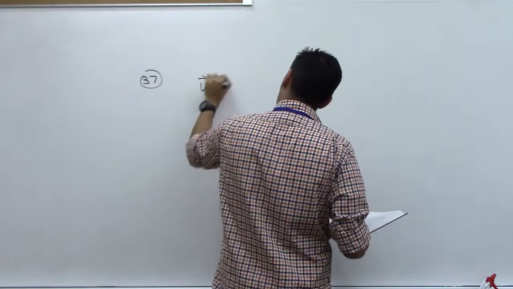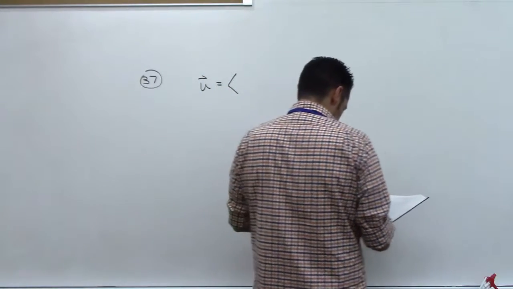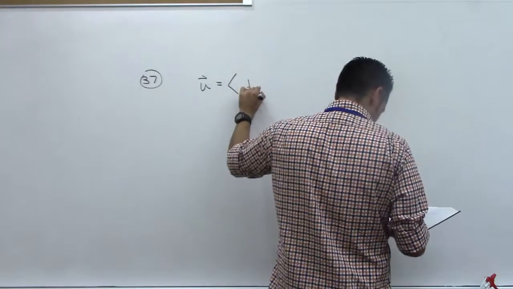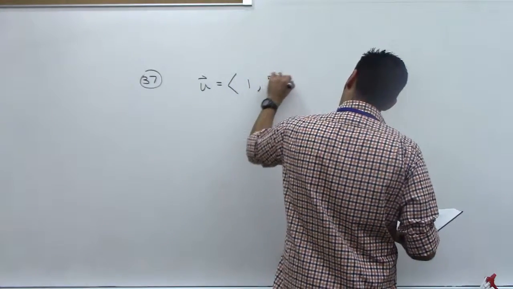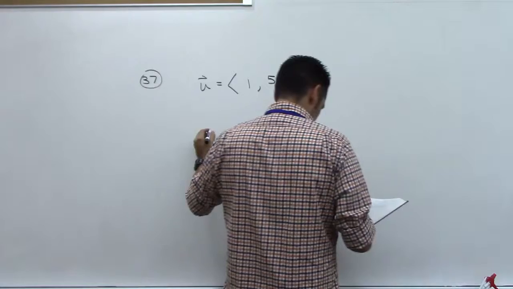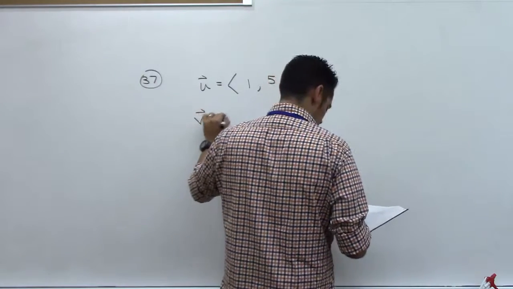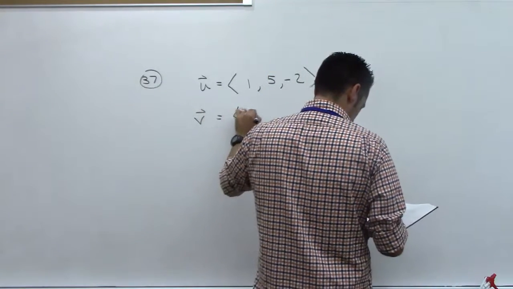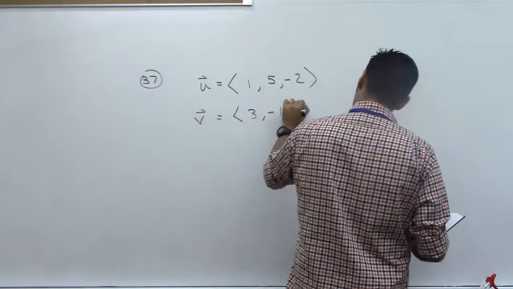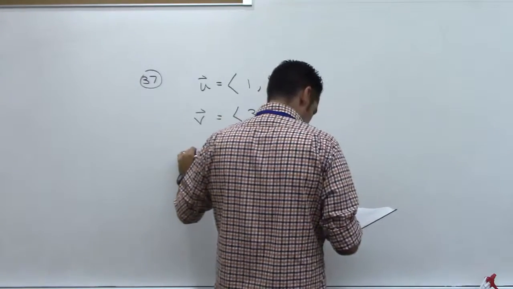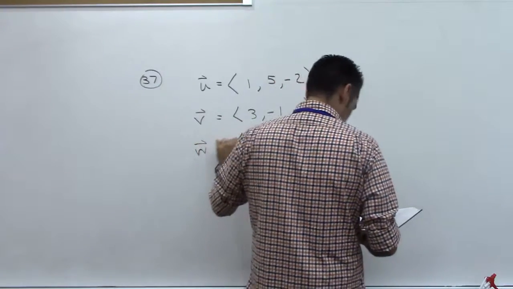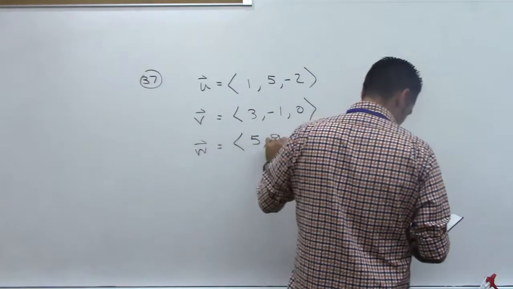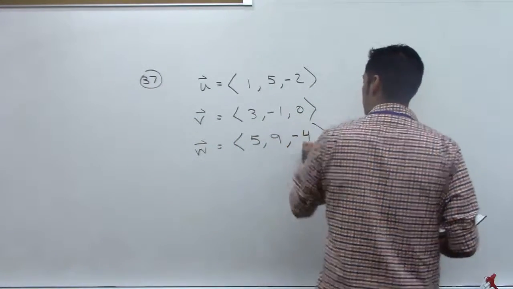U is equal to the vector, I'm going to switch it over to the other form, 1, 5, negative 2. V is the vector 3, negative 1, 0, since it doesn't have a k-hat. And W is 5, 9, negative 4.